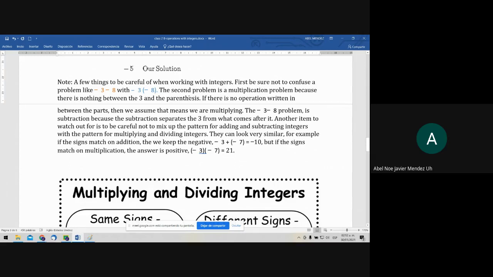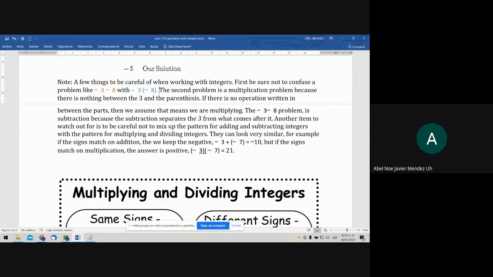The second problem is a multiplication problem because there is nothing between the 3 and the parentheses. This is a multiplication: -3 times -4.